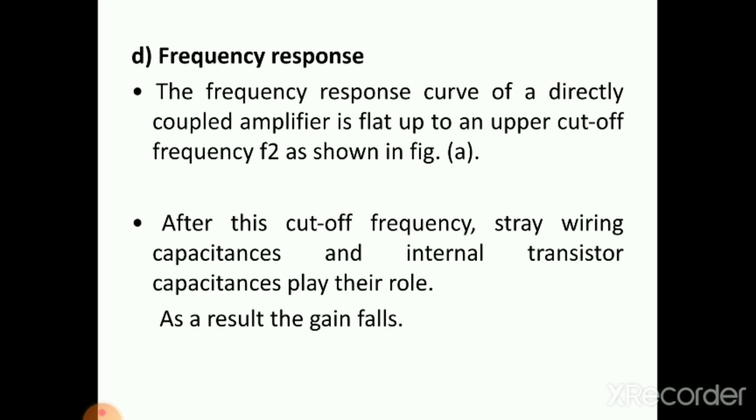Above f2, the stray wiring capacitances and internal transistor capacitances come into action and show their effect. Because of those capacitive effects, the output will decrease, and because of that, the gain will also decrease.